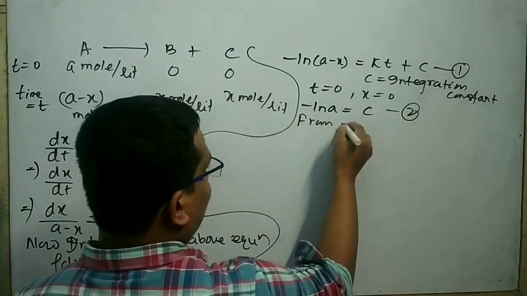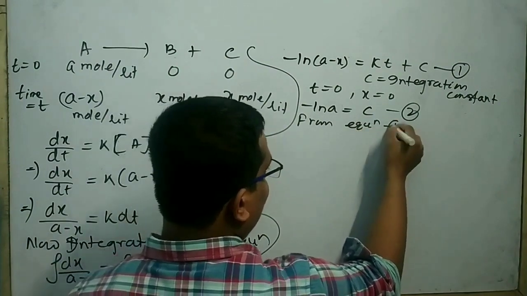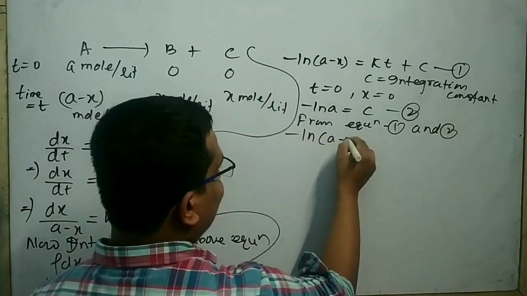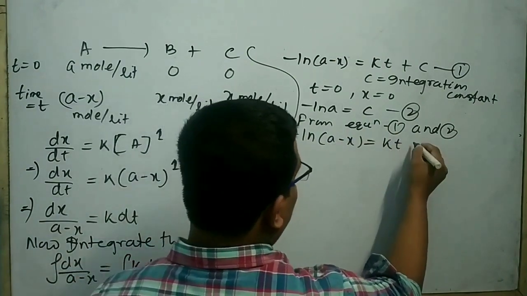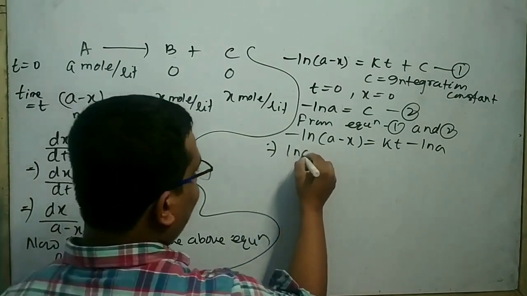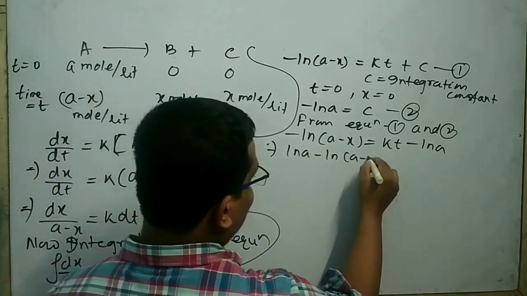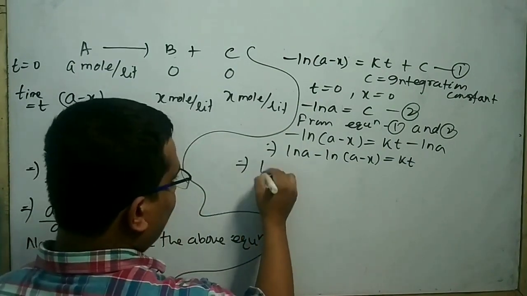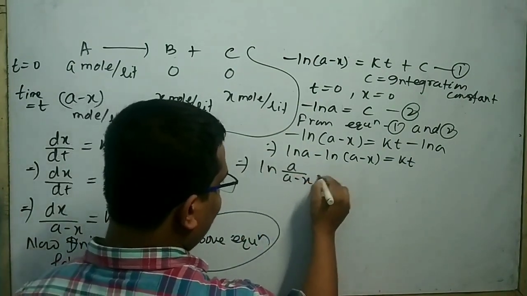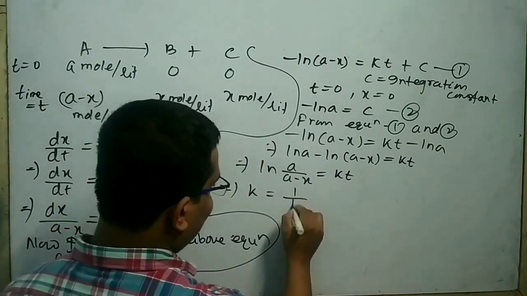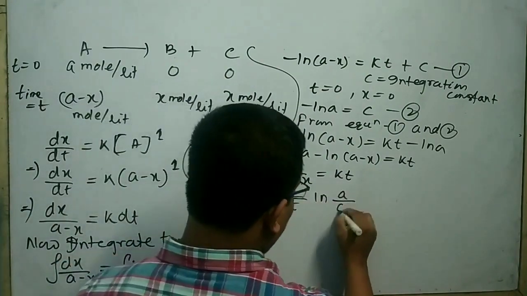From equations 1 and 2, I can write minus ln (A minus X) equal to KT minus ln A. That means ln A minus ln (A minus X) is equal to KT. Now I can write ln of A by (A minus X) is equal to KT. It implies that K equal to 1 by T ln of A by (A minus X).